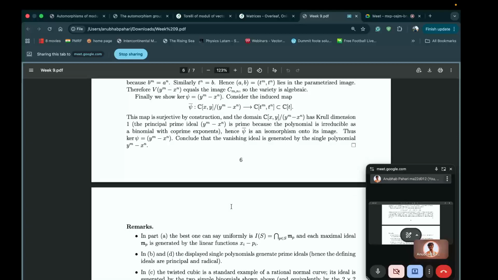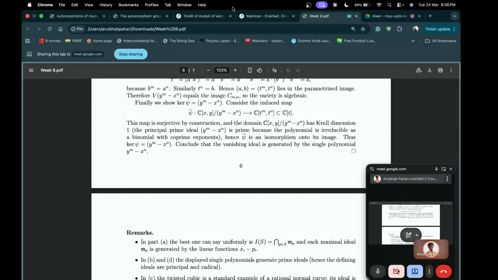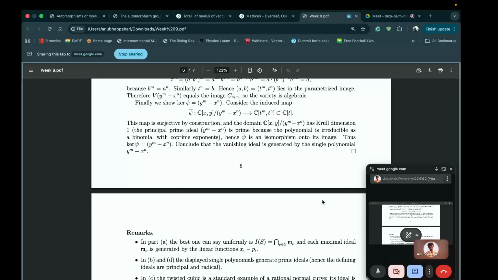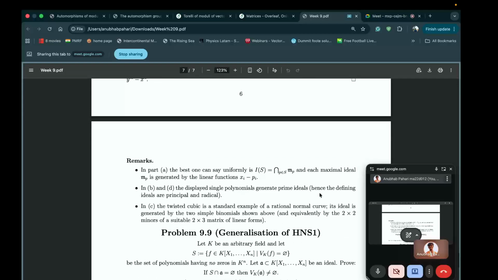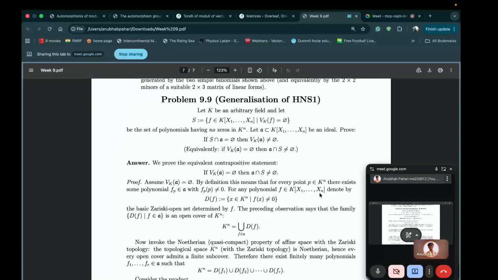Thus the kernel of psi equals the ideal generated by y to the power m minus x to the power n. We conclude that the vanishing ideal is generated by the single polynomial y to the power m minus x to the power n. Therefore we have completed our proof.